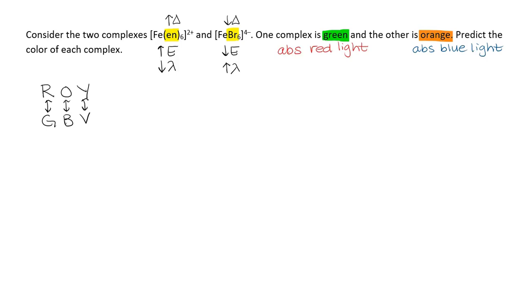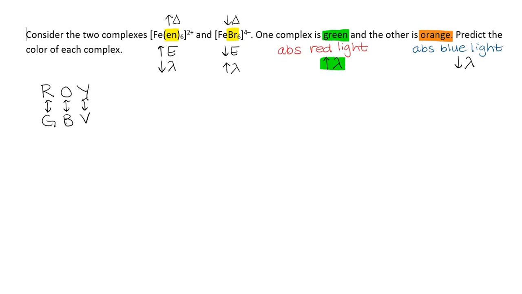The next thing I'm going to do is relate these colors of light absorbed to their wavelengths. So red light versus blue light, red light has a longer wavelength and blue light has a shorter wavelength. And now I can link my 2 trains of thought.